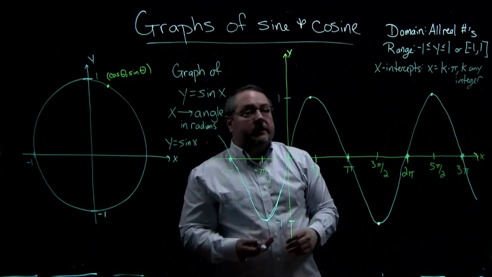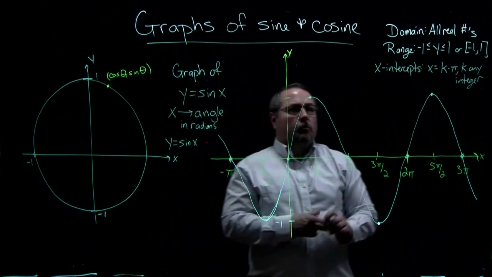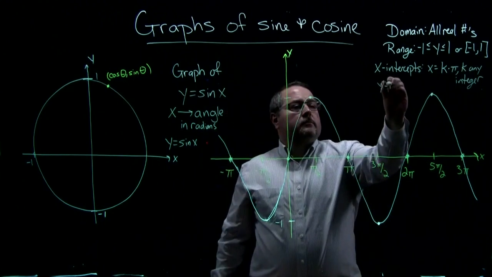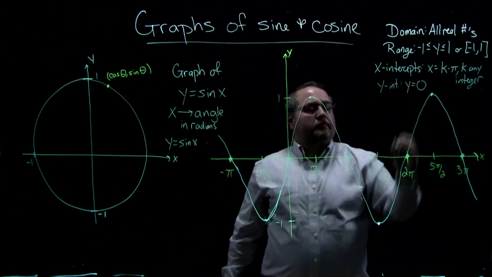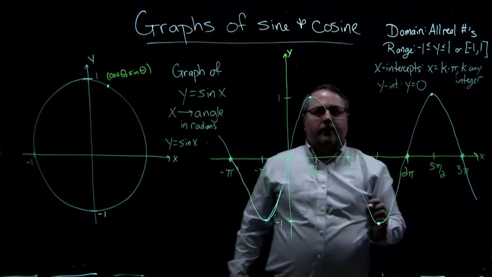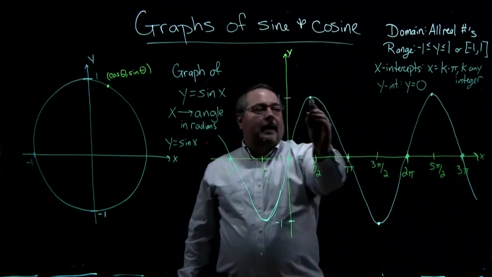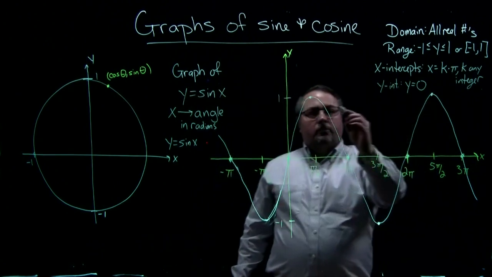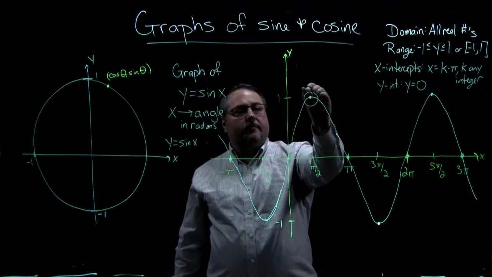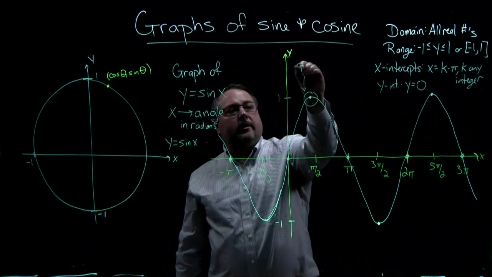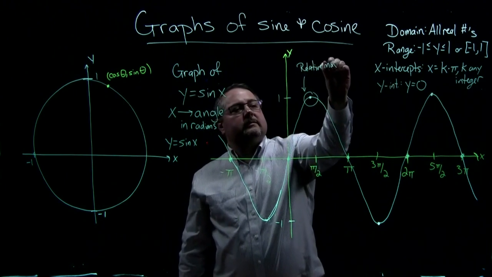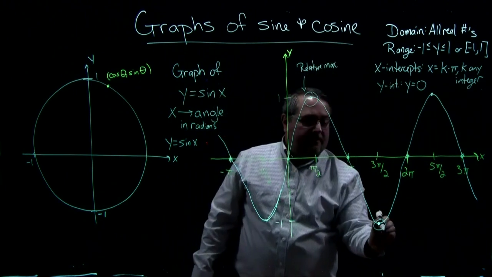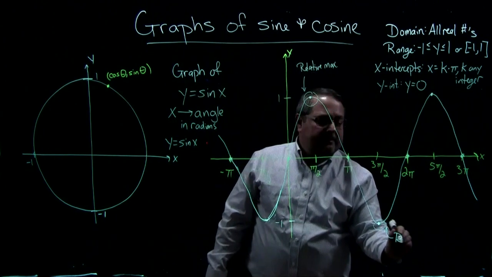We pass through the origin, so our y-intercept is y equals 0. We have high and low points. So we have what we call relative maxima, the high points. And we have relative minima that we call the low points.